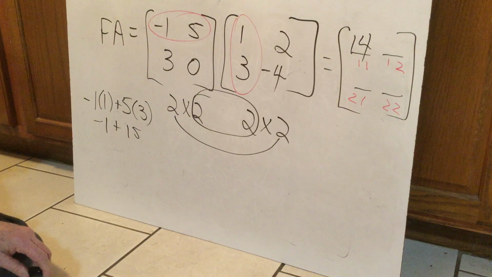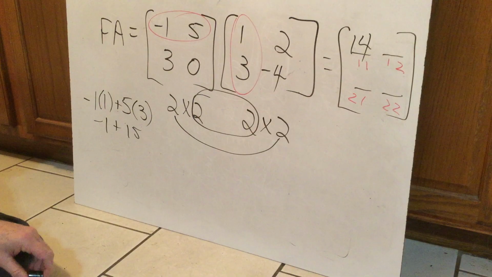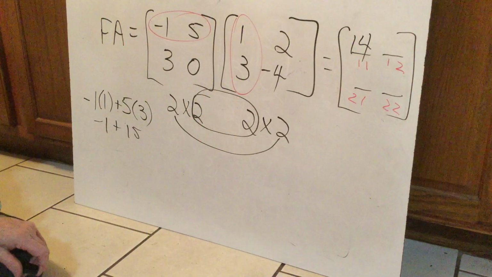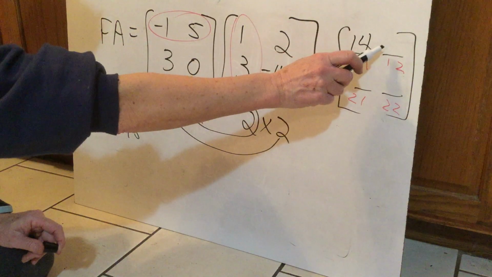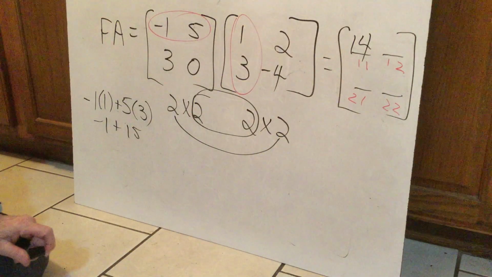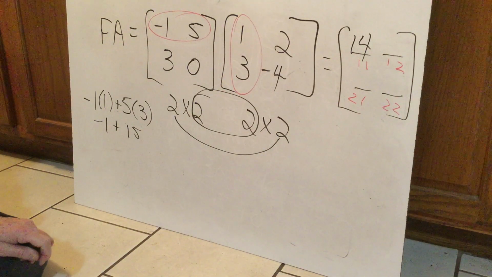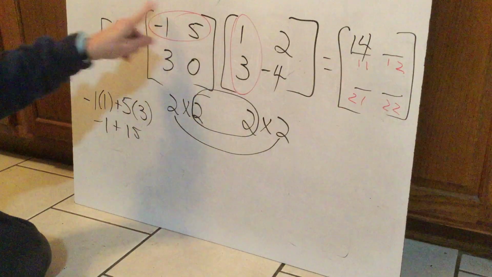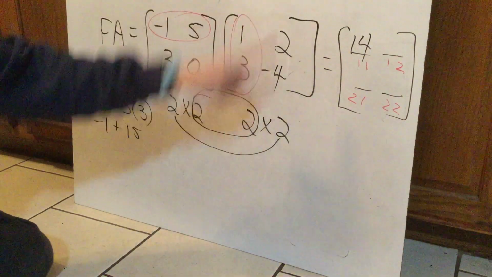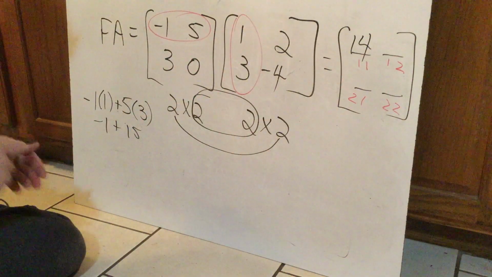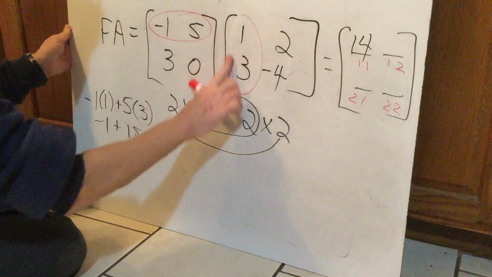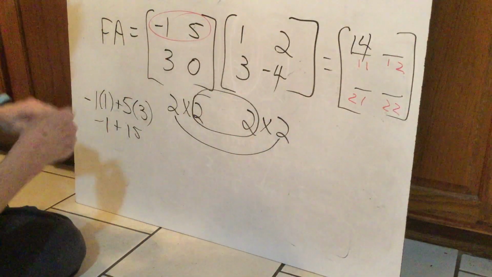All right, I'm going to pause for just a moment, and I would like you to see if you can fill in this next number right here. See if you can fill that in without my guidance. You're going to be multiplying the first row and the second column. So see if you can do that while I'm erasing and getting things set up here.